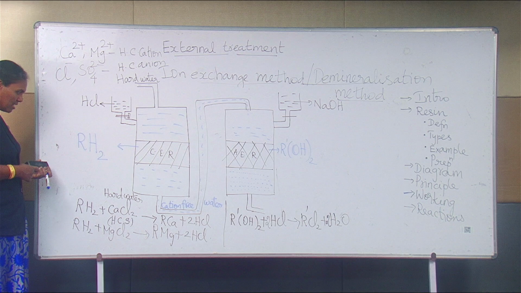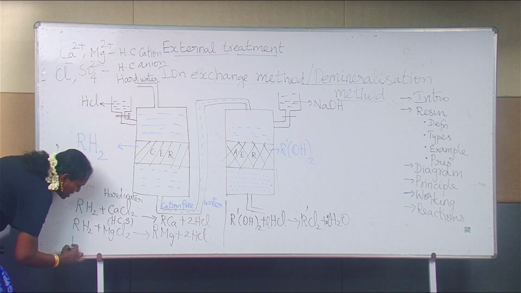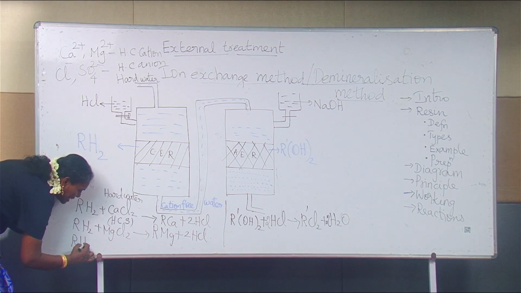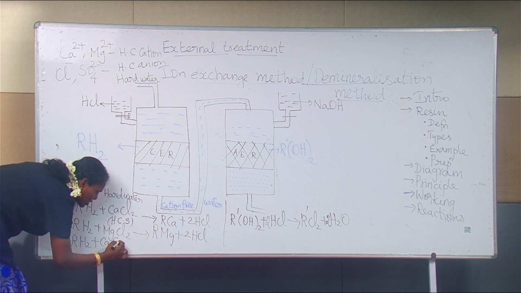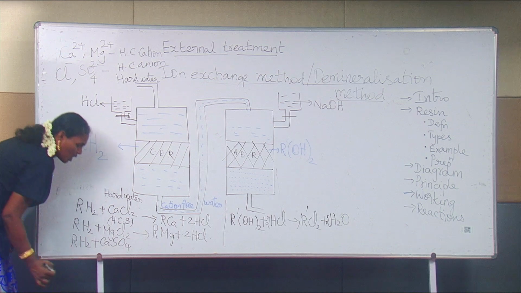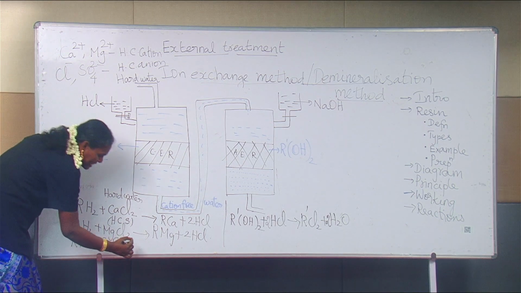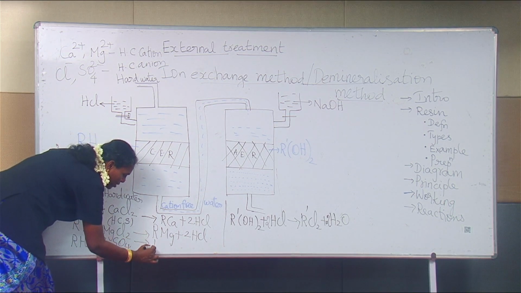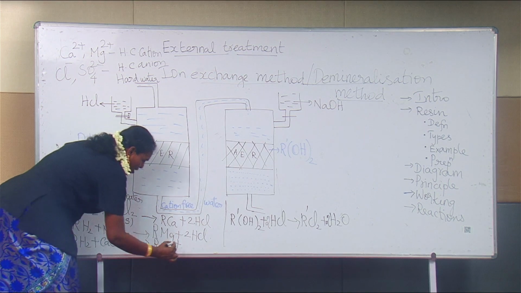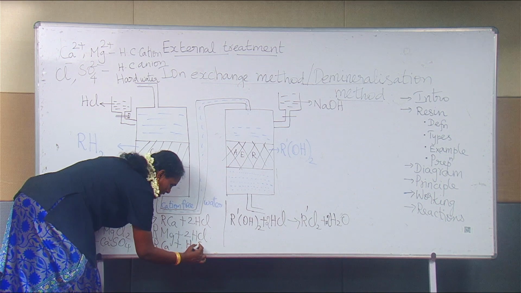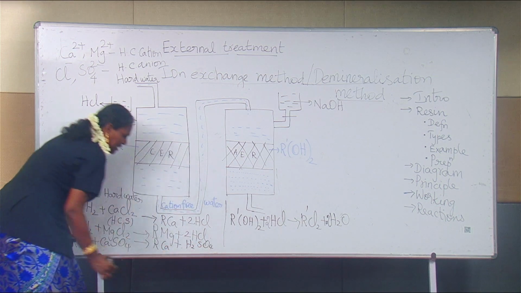The cation exchange resin is represented as RH2. Calcium sulfate is your hardness causing salt. During that time, the reaction gives RCa plus H2SO4. It is a self-balanced equation, no need to balance.